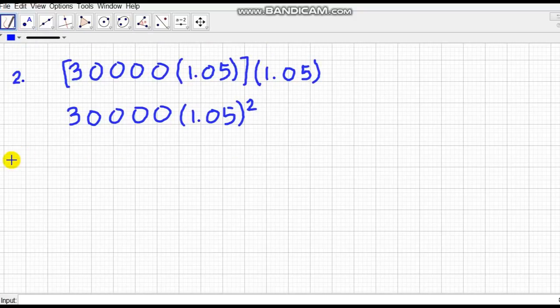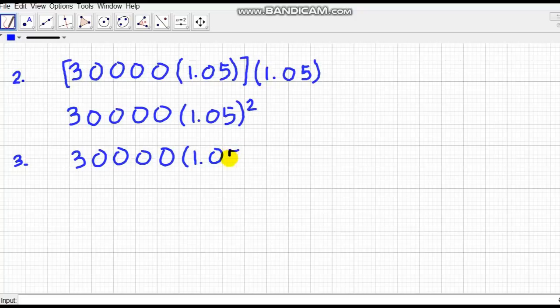Now for the third year, we can have 30,000 times 1.05 squared. This is her money right now, isn't it? We're going to multiply her current money on the second year with another growth factor. Since another year has passed, she gets another 5% interest. So this will become 30,000 times 1.05 squared times 1.05.